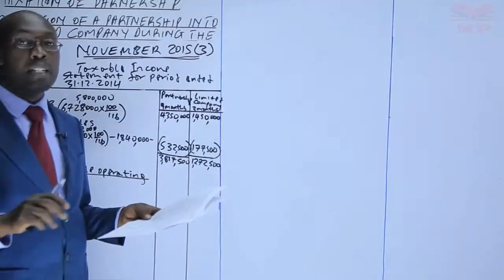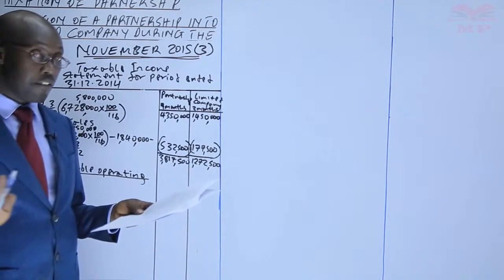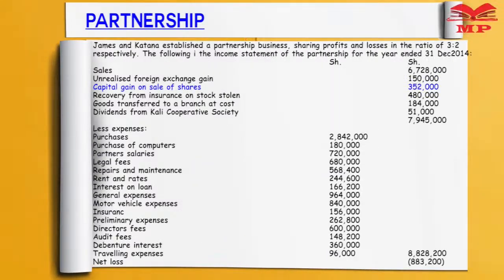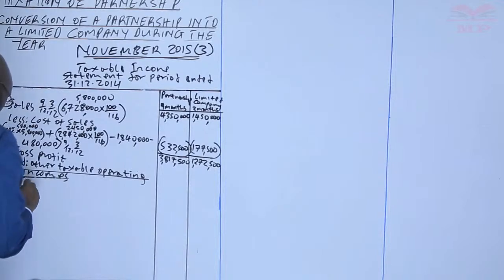Unrealized foreign exchange gain, we said we don't usually tax. We only tax realized, or if it is silent, just realized foreign exchange gain. The other one is capital gain on sale of shares. Shares are investment, so not operating. Recovery from insurance on stock stolen. We said that income from compensation from the insurance company for stock stolen, that is supposed to be a taxable income.